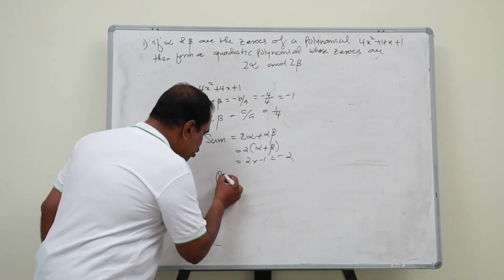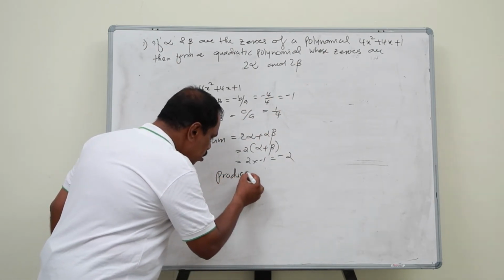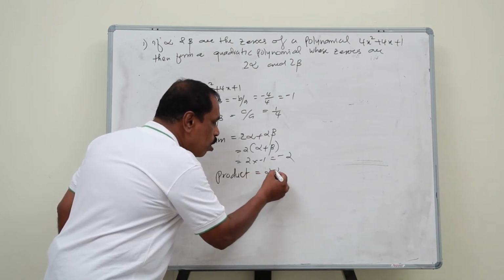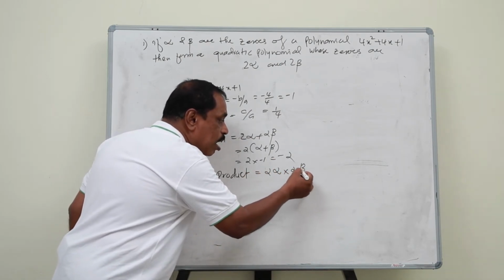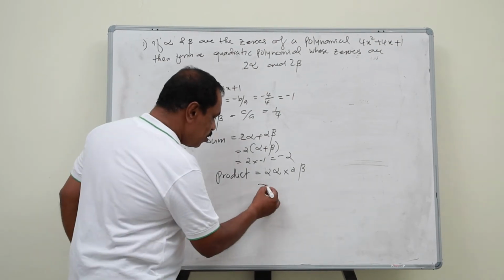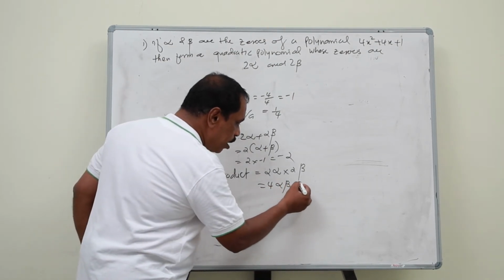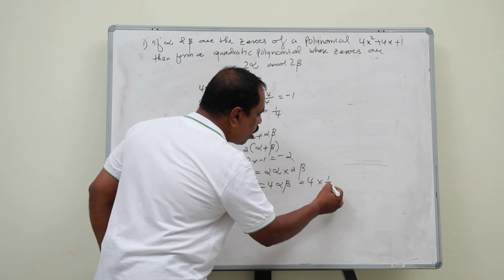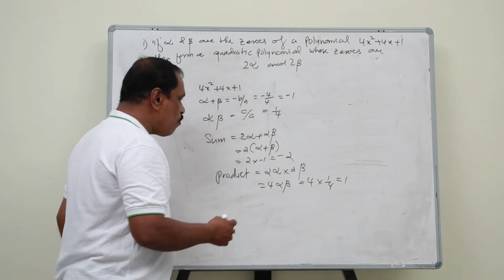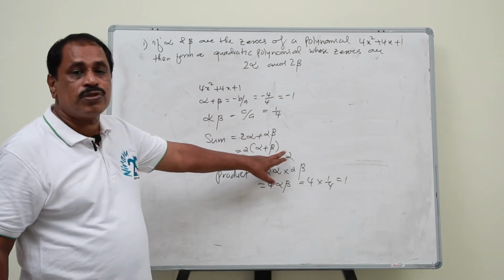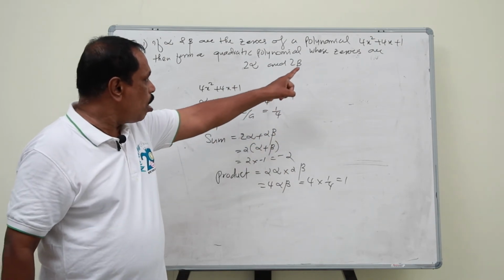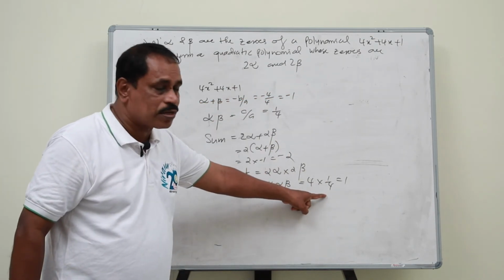Then find the product. 2 alpha into 2 beta is 4 alpha beta, equal to 4 into 1 by 4, equal to 1. So we have found the sum of the zeros and the product.